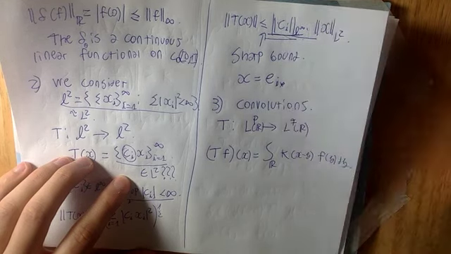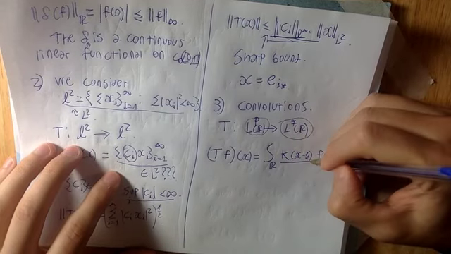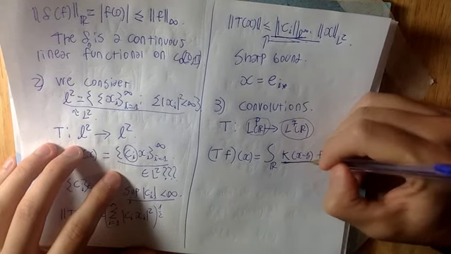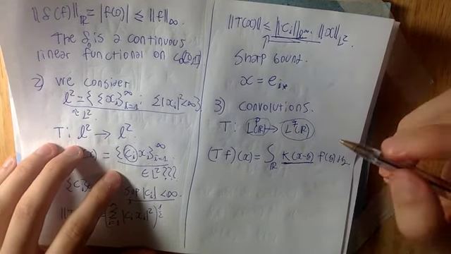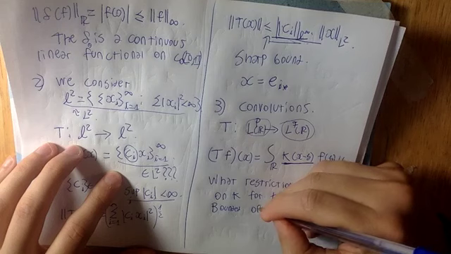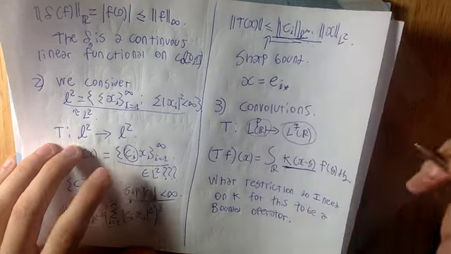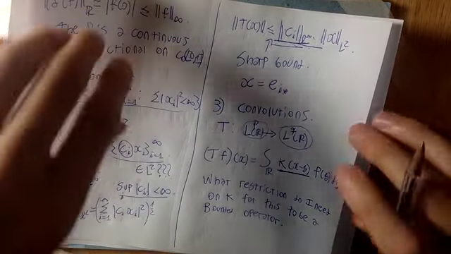Okay, so if I want to send L^p to L^q, what restriction do I need on k for this to be a bounded operator?